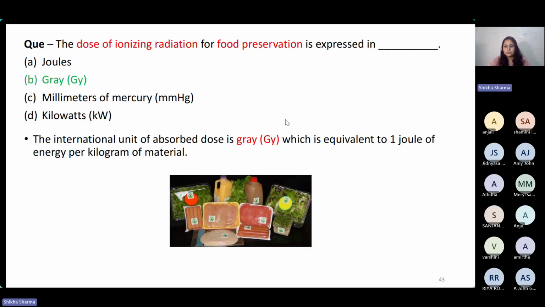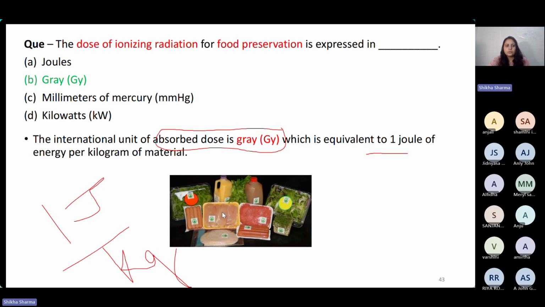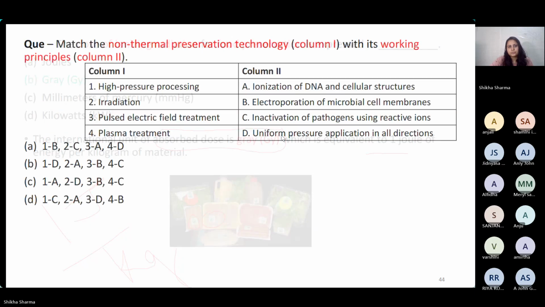She is correct. The international unit of absorbed dose is gray, Gy, which is equivalent to 1 joule of energy per kg of the material. And we can see this kind of sign on the food packet where we are using the radiation, or ionizing radiation irradiation method, for preserving the food.